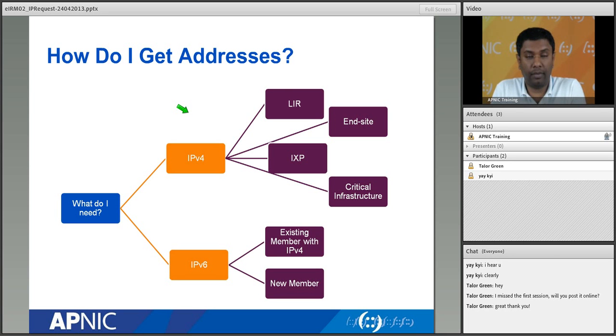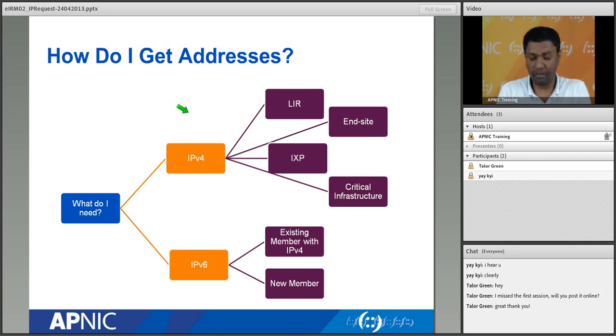Those are the organizational critical infrastructure. If you fall under any of those defined critical infrastructure, then you'll qualify to get an address. So these are the qualification criteria to get an address. Most likely, organizations will fall under ISP or LIR or small multi-homing organization.